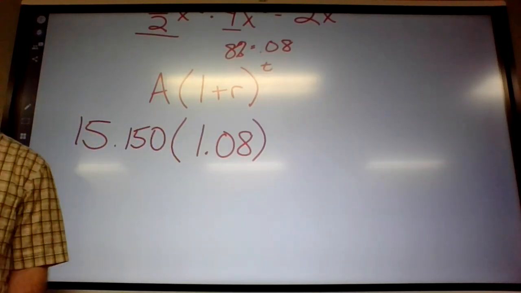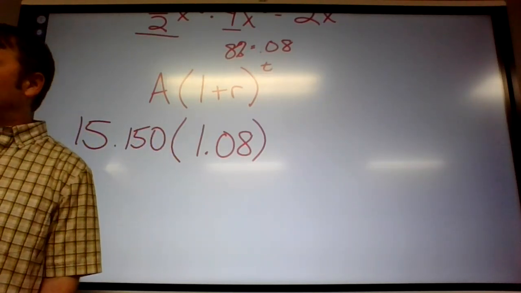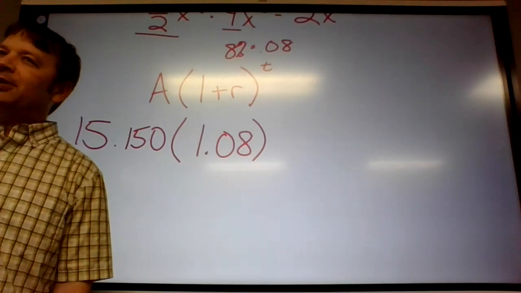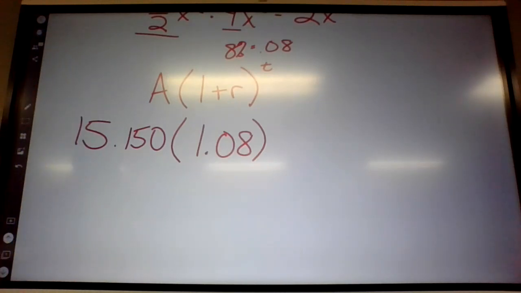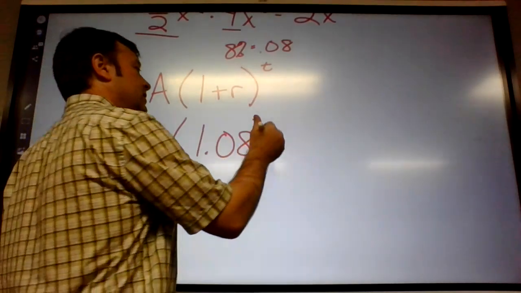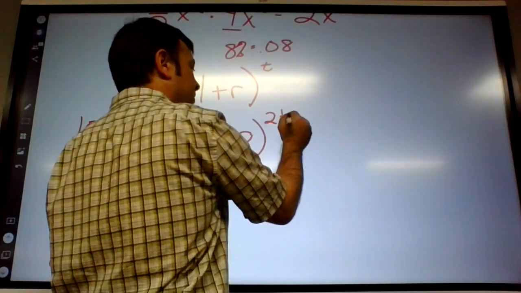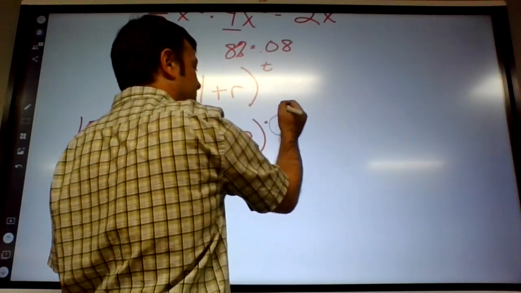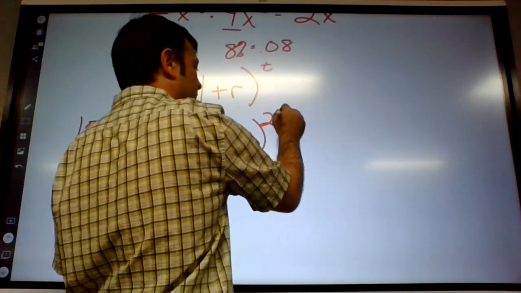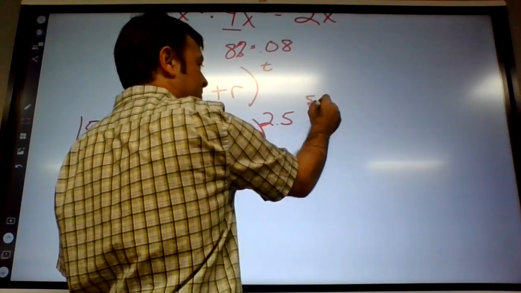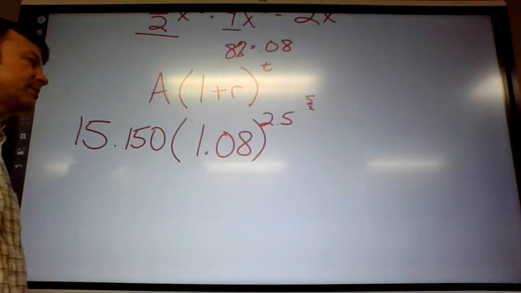Okay, yeah, their point is the time is 2 years and 6 months. So what should I put for the time? 2.5, or you could use 5/2. That's the improper form.